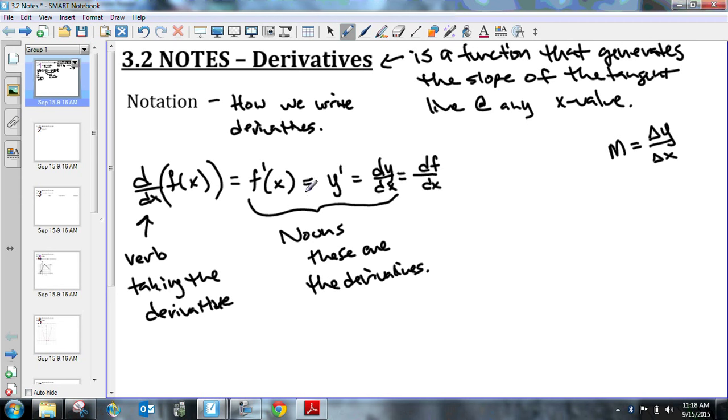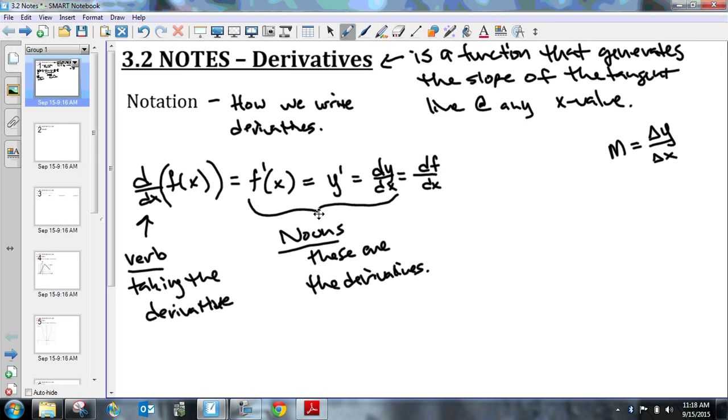I use them interchangeably, but the main thing I want you to see from this, not only the ways to write the derivative, but the idea that this is a verb. The d dx means that I'm taking the derivative of a function, and the nouns are the derivatives, okay? This is something I got confused with, and when you break it up and say that this is a verb and this is a noun, it really helps explain exactly what we are doing.